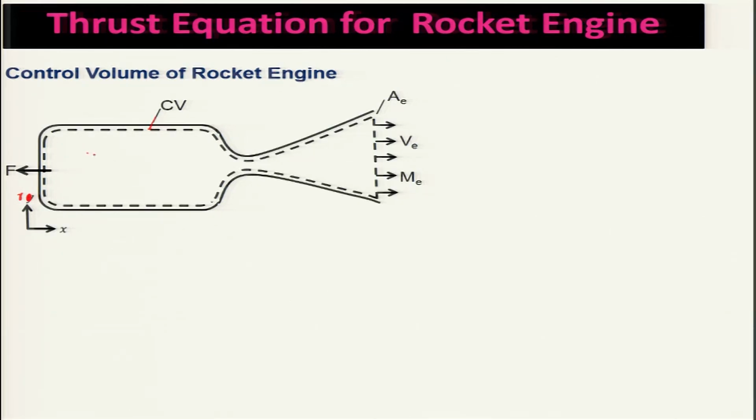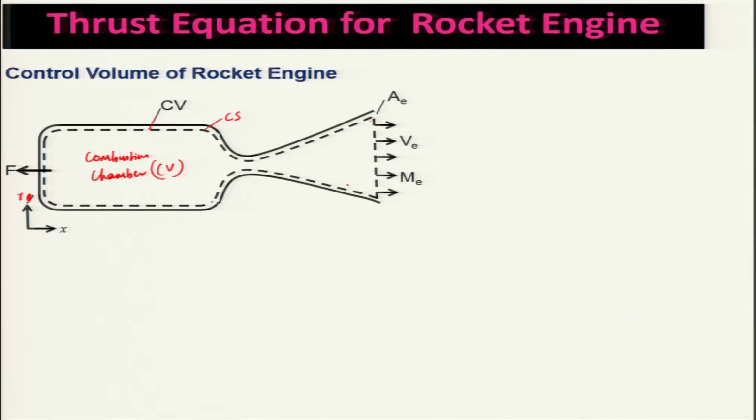This is your combustion chamber, where heat release will be occurring, and this is the control surface. This control volume includes the nozzle portion; both the thrust chamber and the nozzle portion we call a control volume.